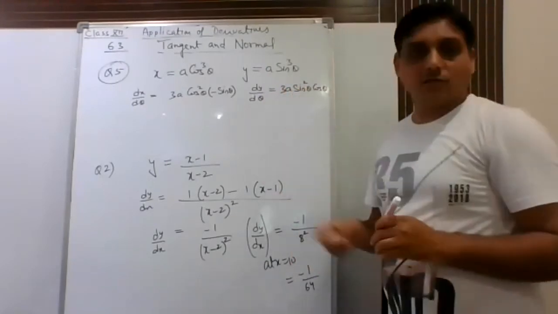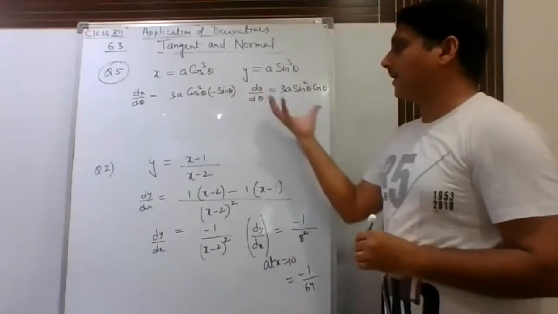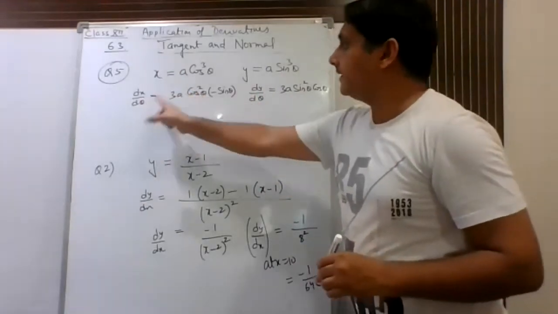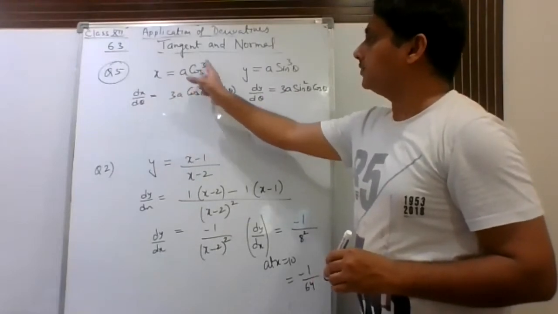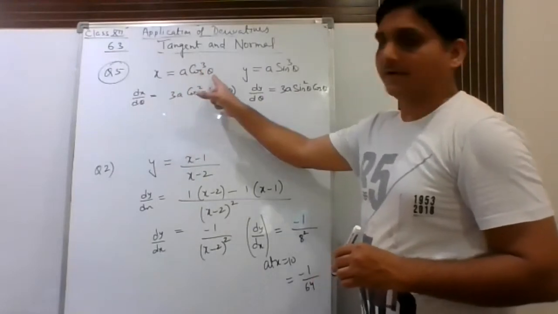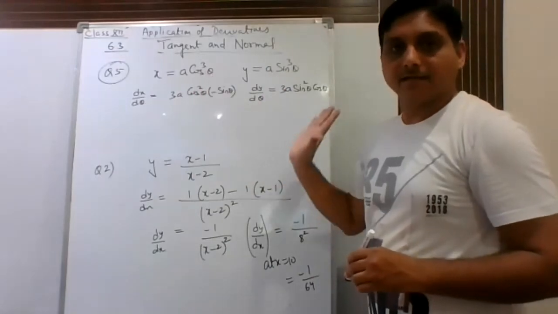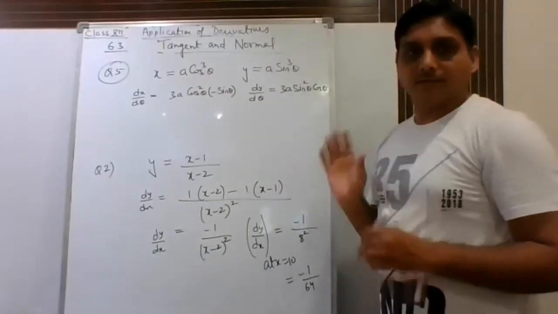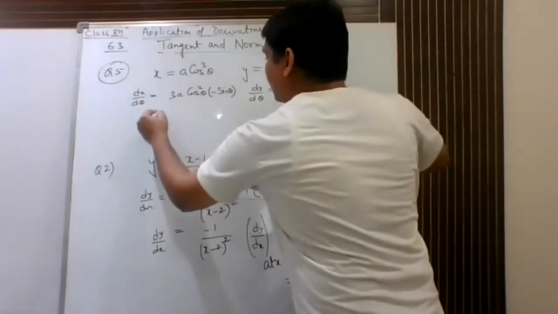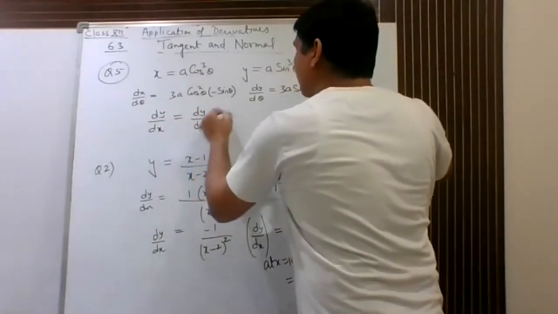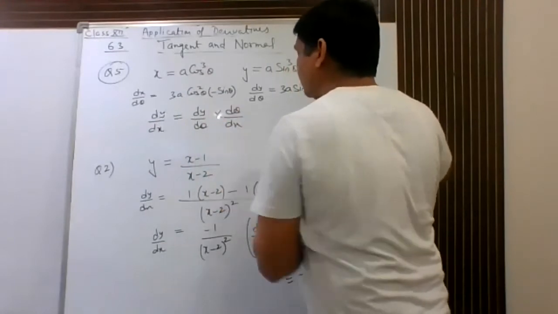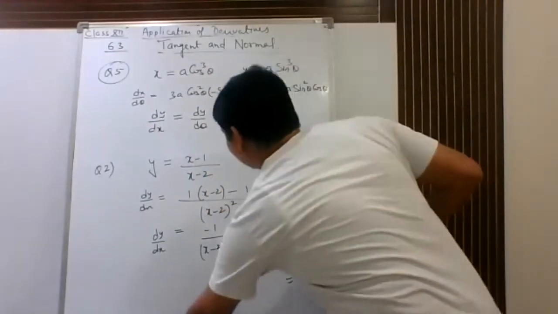By the application of the chain rule, we have got the derivatives. For dx by d theta, a is a constant, move it outside, cos to the power 3 theta. So 3 cos square theta, then the derivative of cos theta is minus sine theta. Similarly, we had done this. Now, after this, we will write dy upon dx as dy upon d theta into d theta by dx. This is how we can write.